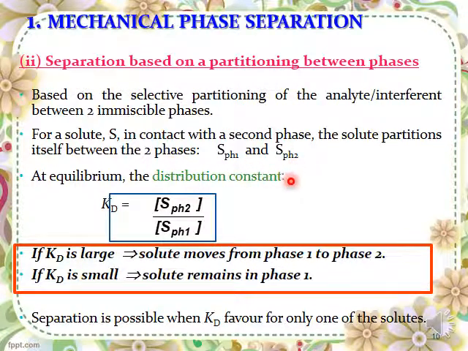Let's say you have the analyte of interest in one of the phases. How much of the analyte of interest in phase 1 partitions into phase 2?